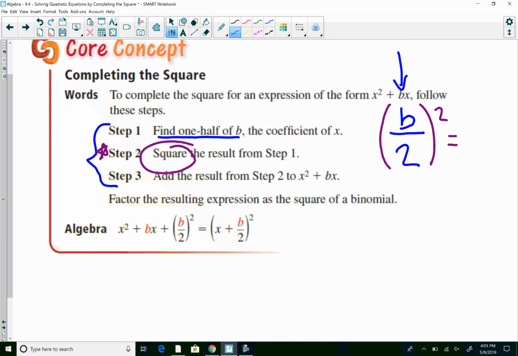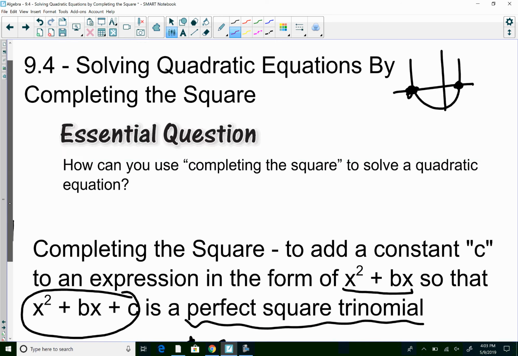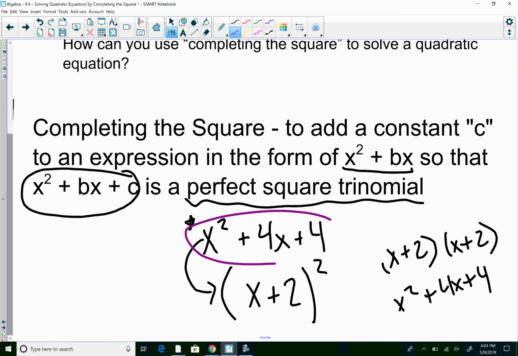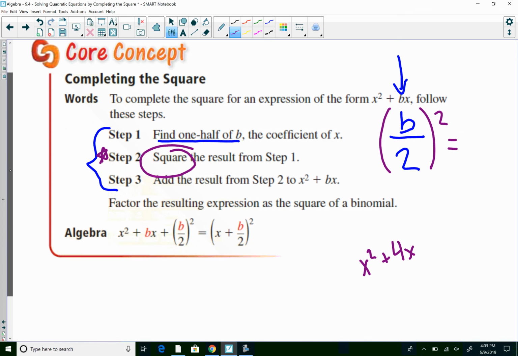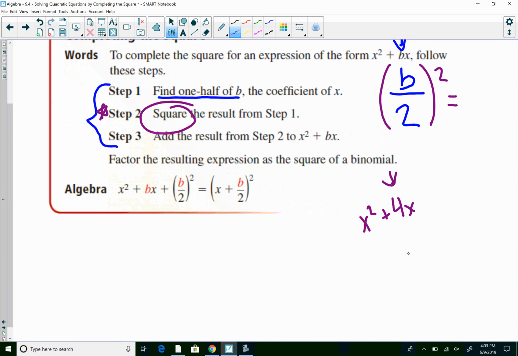And then once you've come up with that, let's take the example I told you about, x squared plus 4x. We'll take b. That b value is right here.